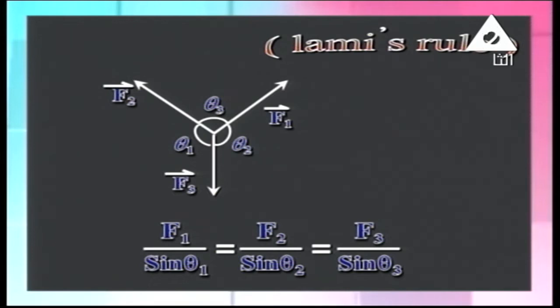This rule is called Lami's rule. We use this rule if we have one force and two angles, or two forces and one angle, and we find or solve for the remaining forces or the remaining angles.